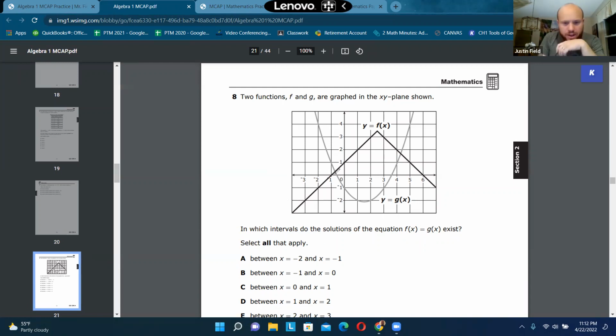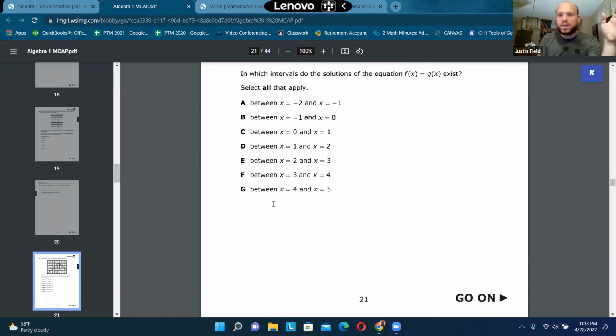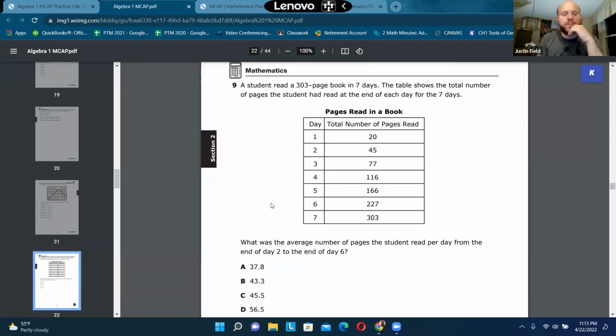So they do intersect right here and right here. So they intersect between -1 and 0 and between 4 and 5. So the answers are B and G. Really easy question as long as you know what it's talking about, right?